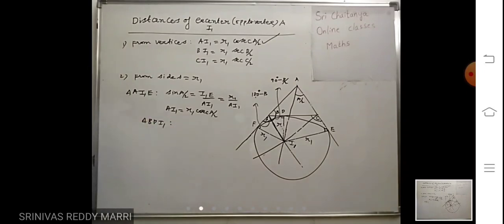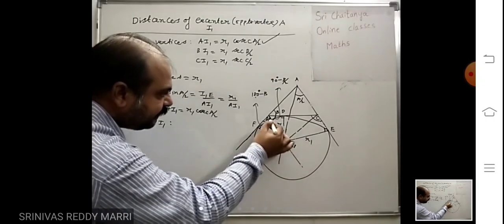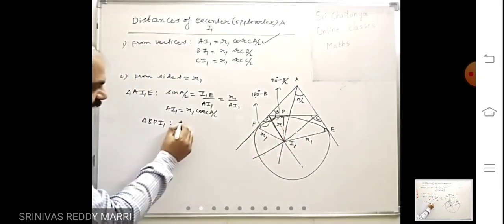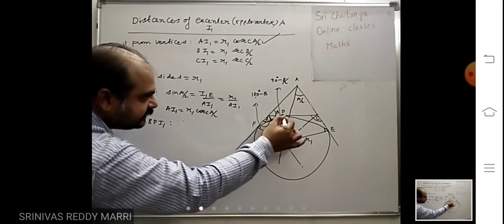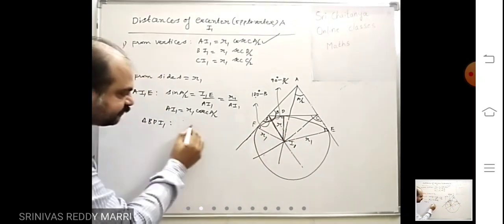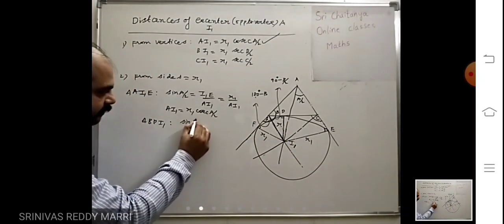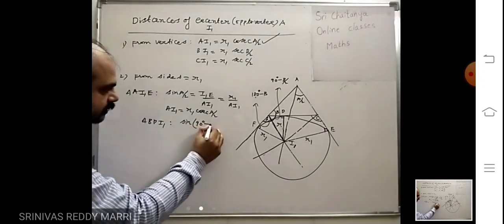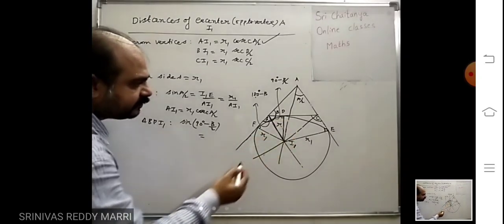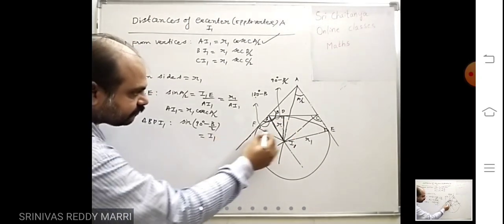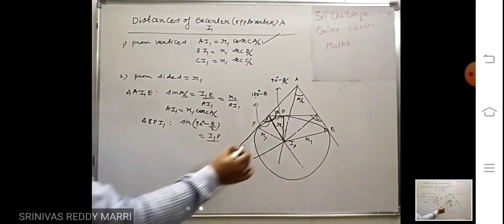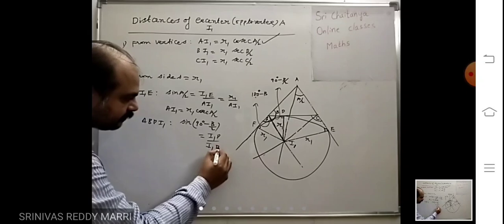Consider the triangle BDI1. I want to calculate I1B. I am writing the sine of this angle. In this triangle, this angle is 90 minus B by 2. Therefore, sine of 90 degrees minus B by 2 equals the opposite side I1D divided by the hypotenuse I1B.